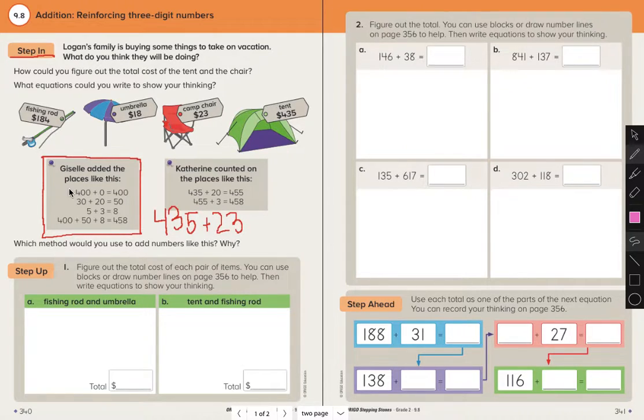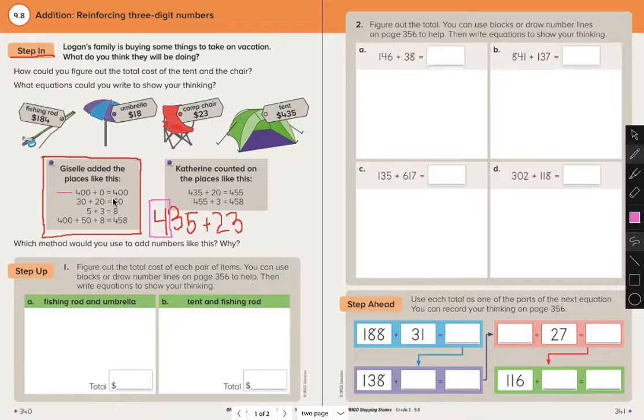So let's see. So first she did 400 plus 0. So we have a 4 in the hundreds place over here. Why do you think she added 0 to that? Well, our number is 23. Is there a 100 in 23? There is not. So that's why she added 0.